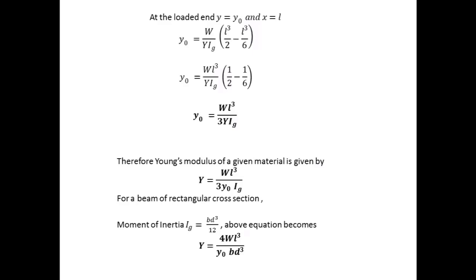For a rectangular cross section, the moment of inertia Ig is given by bd cube upon 12. So substituting for Ig as bd cube upon 12, we get Y is equal to 4WL cube upon y naught bd cube, where b is the breadth of the beam and d is the thickness of the beam.